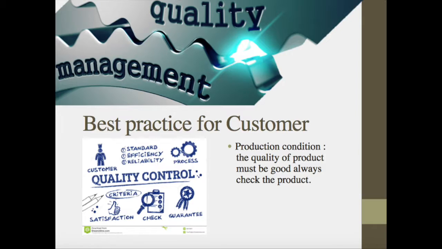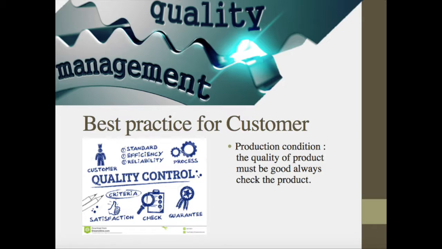They will check the quality of our goods before they deliver, and after we deliver we will have a customer satisfaction survey to check whether the customer is satisfied with our products or not, so we can use that feedback to improve our quality and our products.